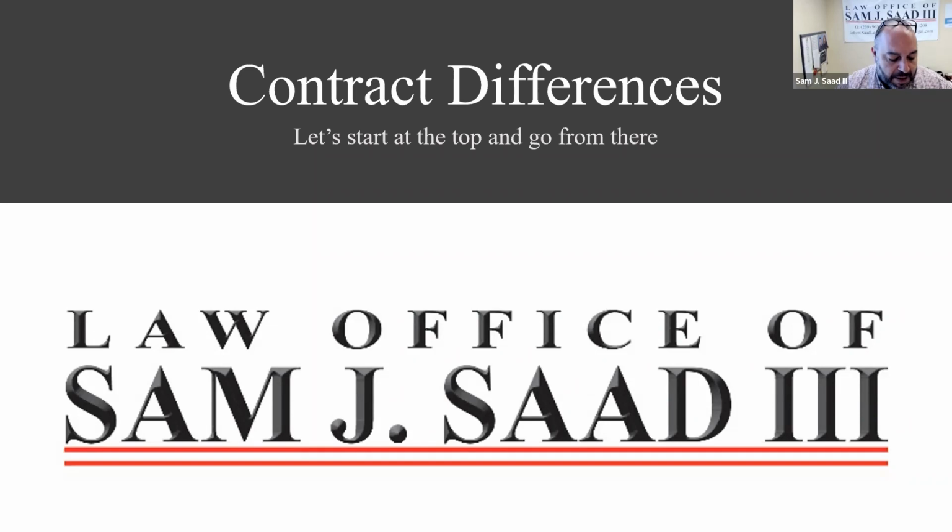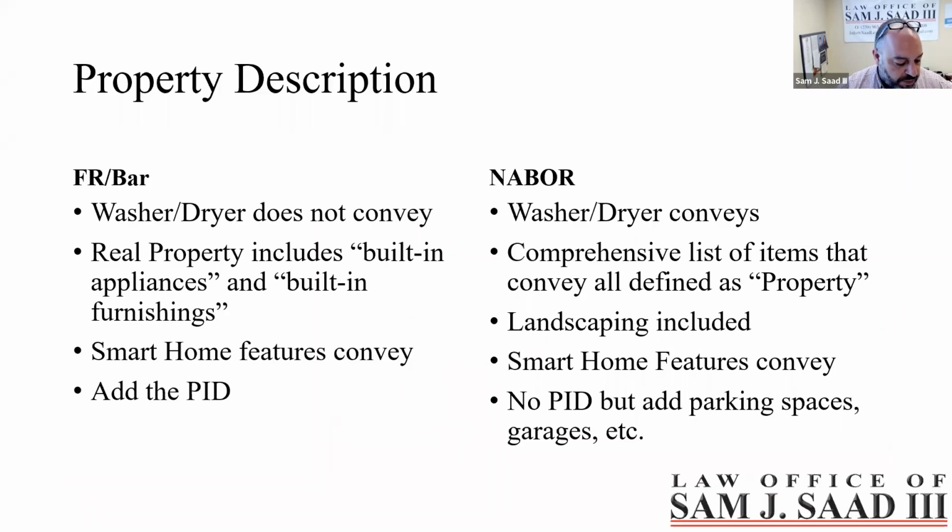So let's start right at the top of the contracts, and that is with the property description. The contracts both start off by telling you that you're going to convey the real property, and then you're going to convey the additional personal property with the real property, and what conveys and what doesn't.